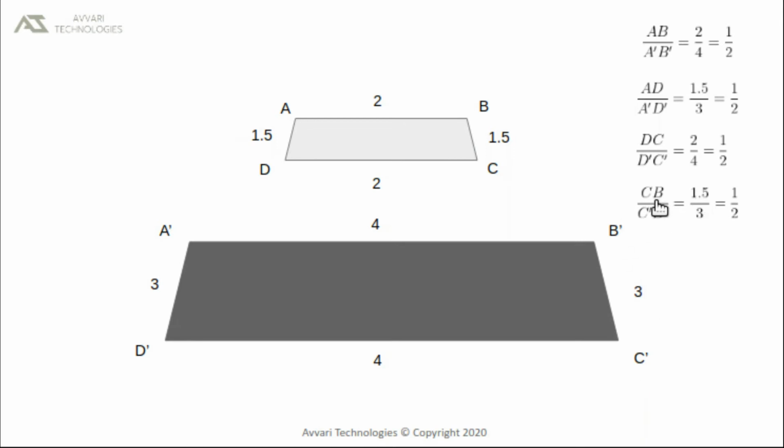The length of CB is 1.5, the length of C dash B dash is 3. When we simplify this, we will get the ratio 1 by 2. Since we satisfied both the conditions, we can say that these two shapes are similar.